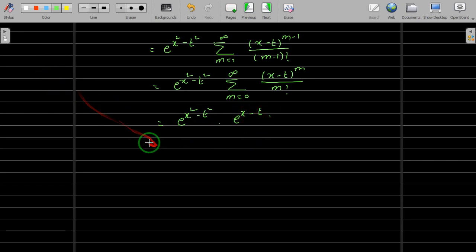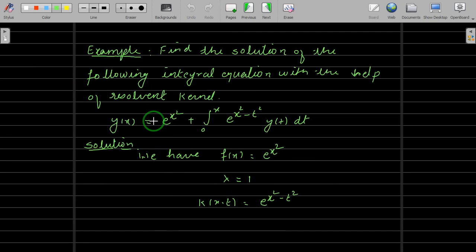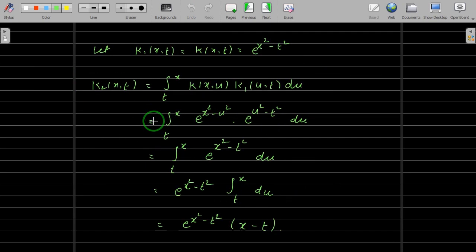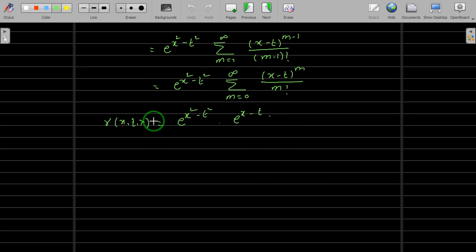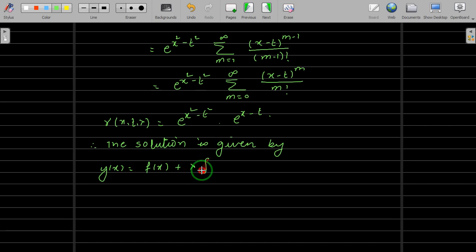So this is your resolvent kernel gamma(x, t, lambda), and we are asked to find the solution. So since we have this resolvent kernel, we can find the solution. Therefore the solution is given by y(x) is equal to f(x) plus lambda integral.